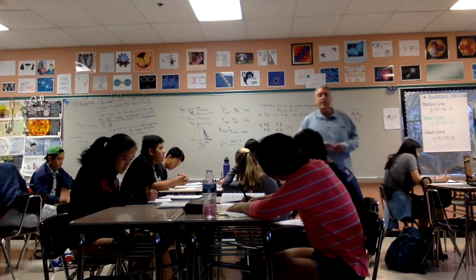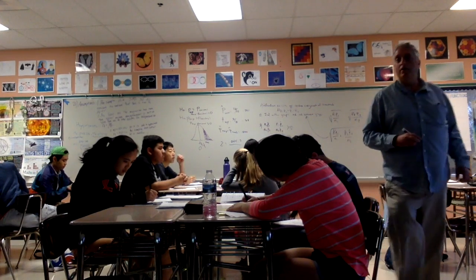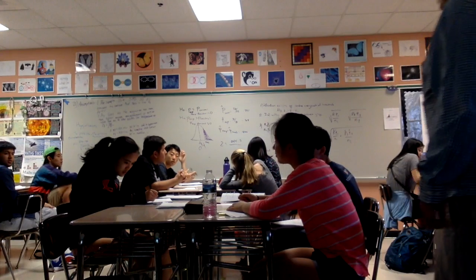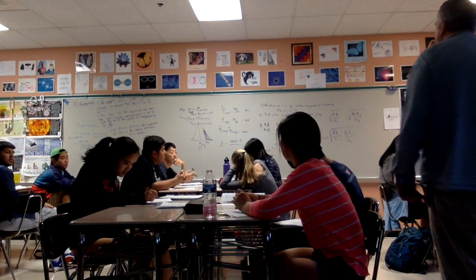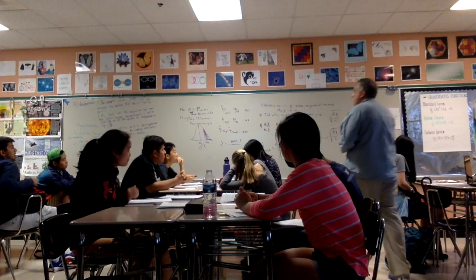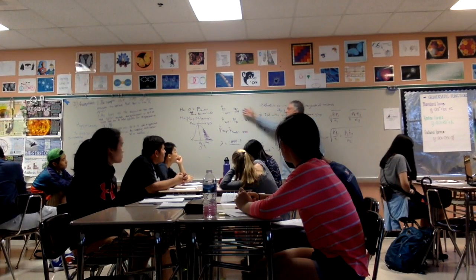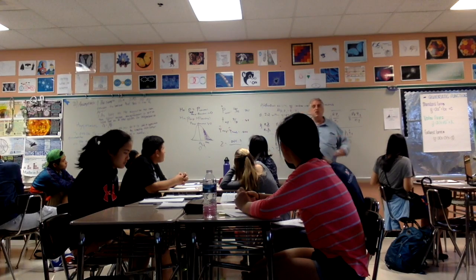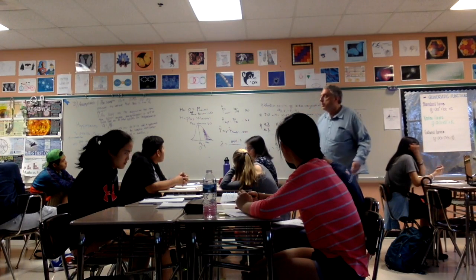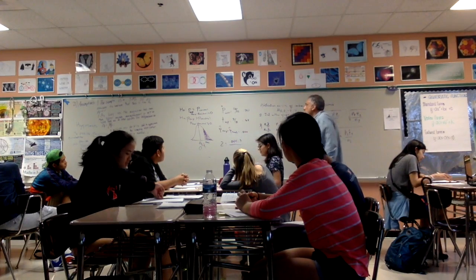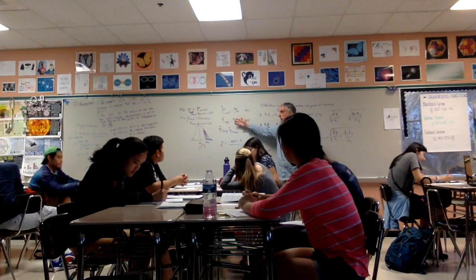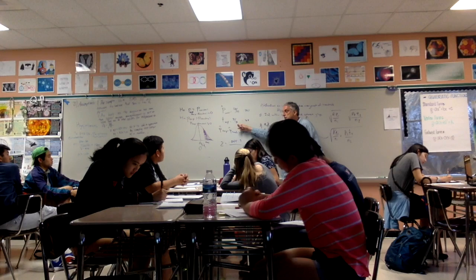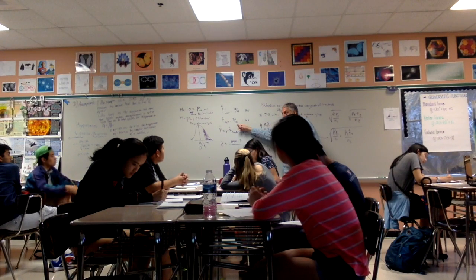Now, why is it called p hat pool? Do you see all we're really doing is saying, let's just assume p doesn't depend on which group you're in. That's what the null says: it doesn't matter which group you're in. So we just pool them all together. 58 over 160, isn't that right?